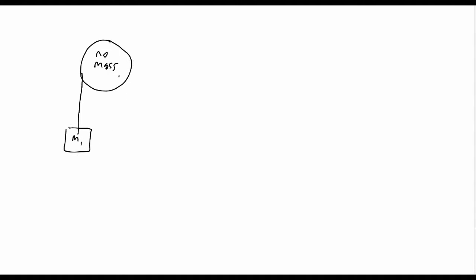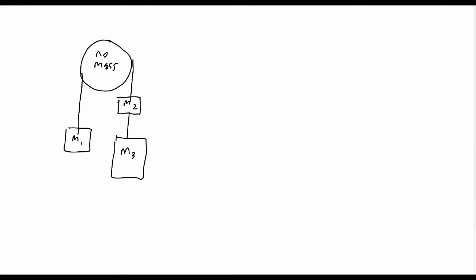And we've got some bigger masses, or total bigger mass. This is M2. And a big old mass right here, M3.